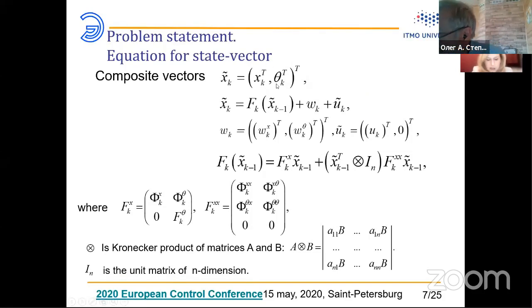Composite vector x tilde is described using the shaping filter in the following form, and with regards to accepted notation the nonlinear function f can be represented in the following form, where we use the Kronecker product, and I remind you what the Kronecker product is.